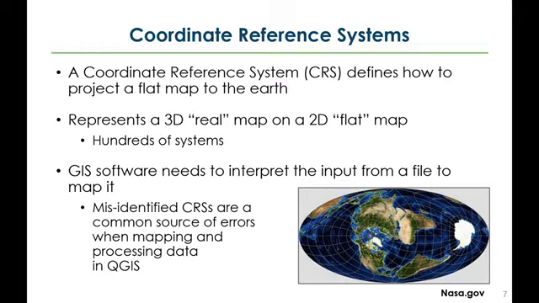Unfortunately, when you go out to grab data from GIS databases and repositories on the web, the coordinate reference system, which would be stored with that file, is not always apparent. And so sometimes it can cause trouble depending upon the location of the data and how the parties that made that data available have published it.